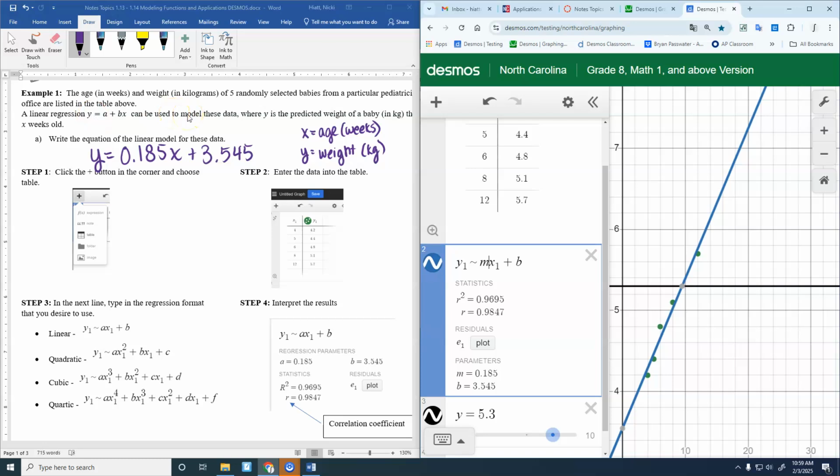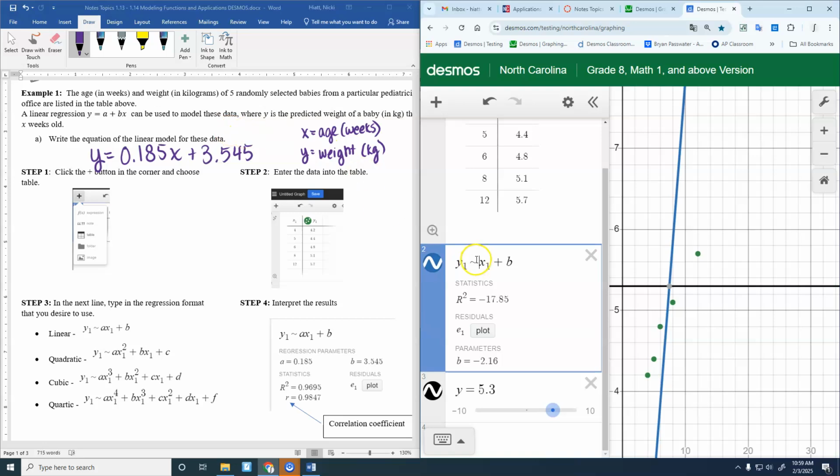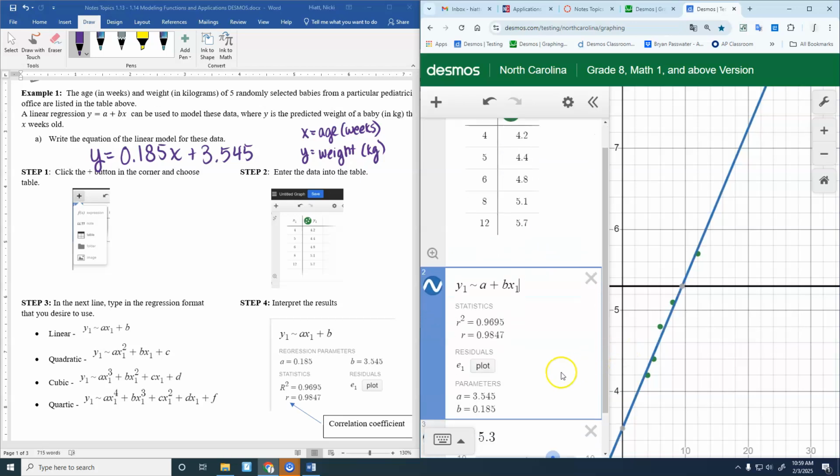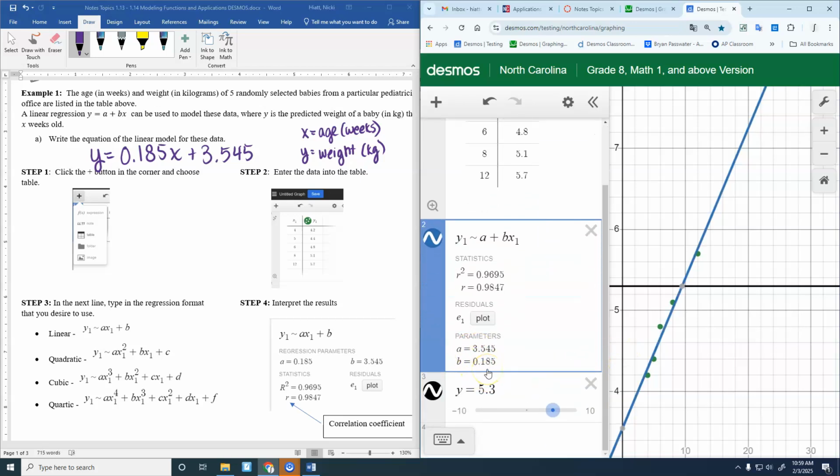But all I would need to do here is switch those. If I type it in like they showed me here, then I would have a plus b times x1, and you'll notice it just switches the values you have for your a and b. So it's the same line either way.